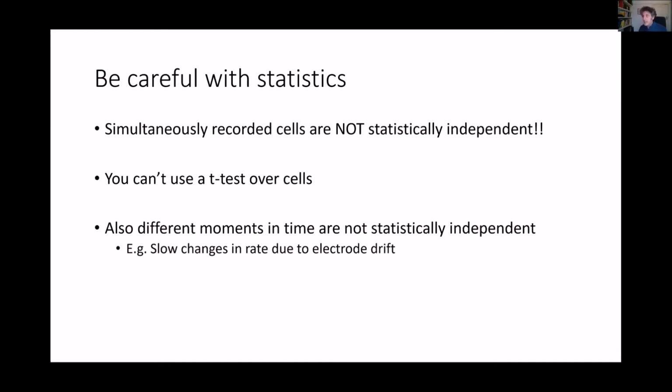Another problem is that you can't treat separate moments in time as independent because there are serial correlations in the data. This can even happen for artifactual reasons. If you've got a cell with electrode drift, its firing rate slowly changes over the course of the experiment. Now if you want to correlate that with the time into the experiment, or with some other variable, such as the expectation of a reward as they learn through the course of a trial, you could have a spurious correlation due to these slow changes.